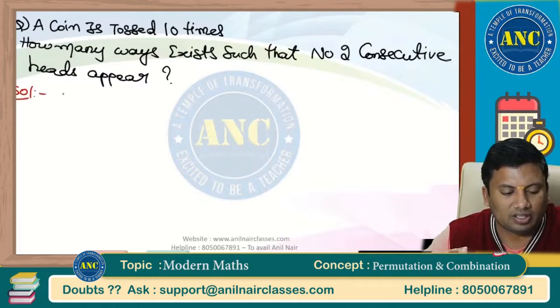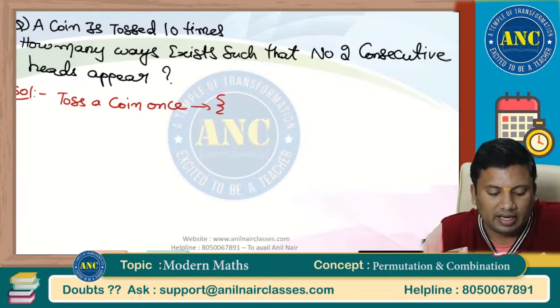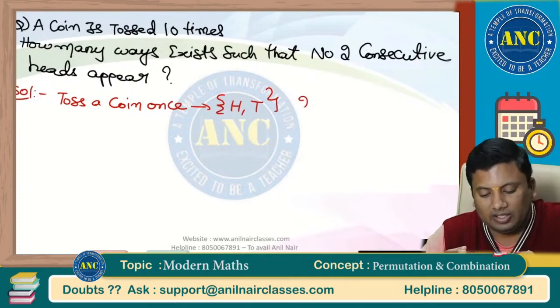Suppose if I toss a coin once, either I will get head or tail. 2 ways I got.